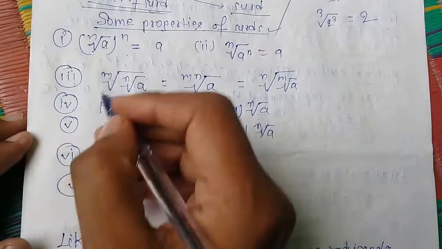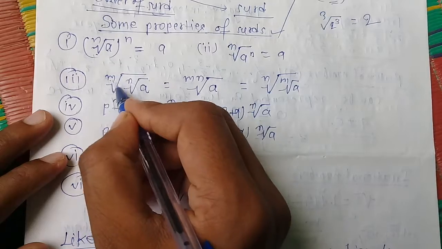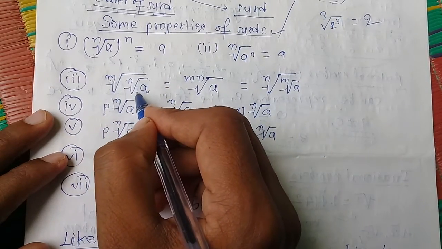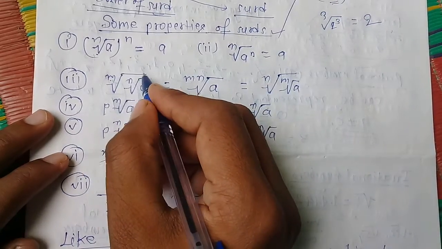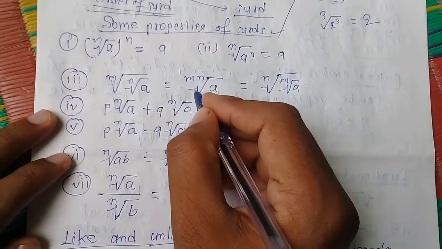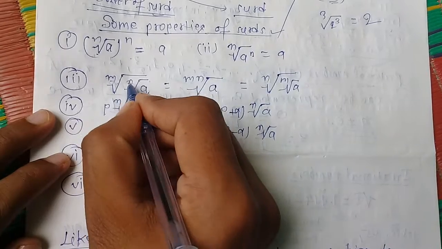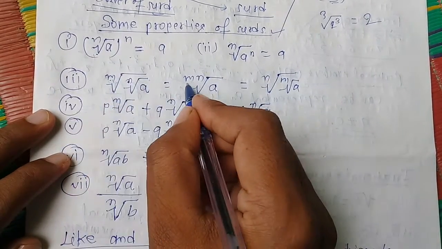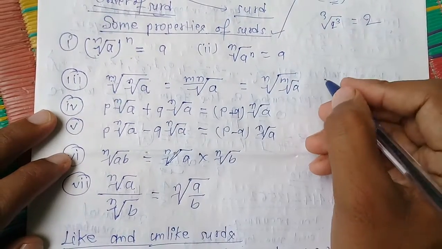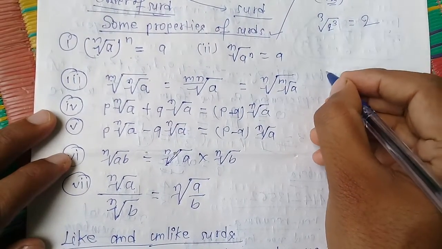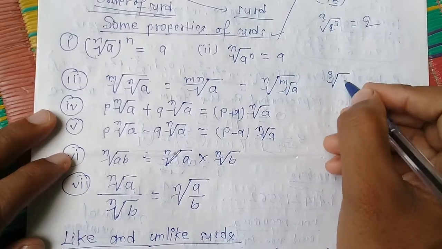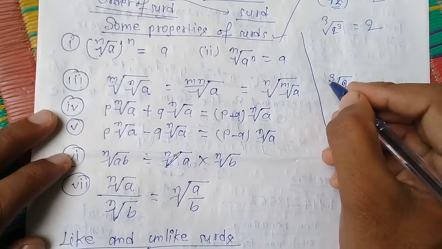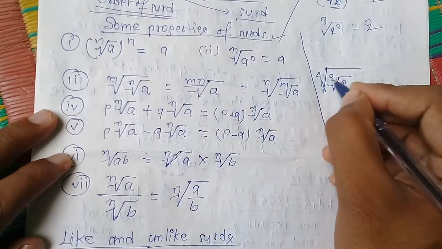Now, the root over root: the m-th root of the n-th root of a. The orders of the roots must be multiplied. For example, the third root of 2, and over this the fourth root.